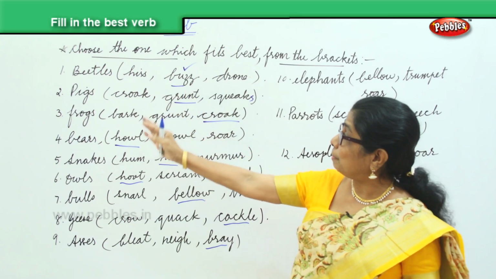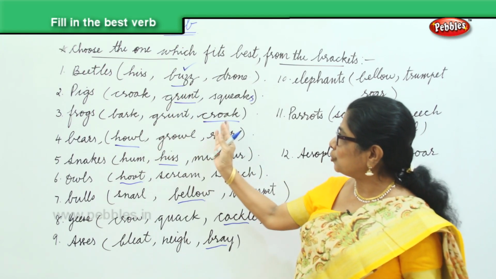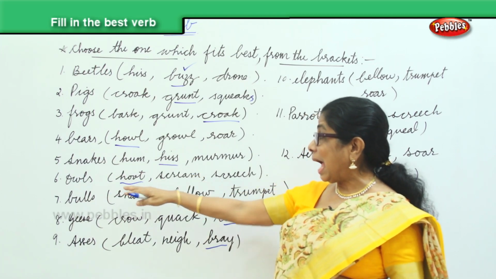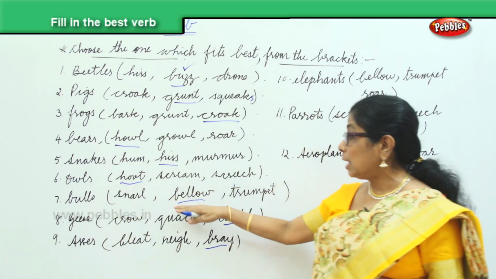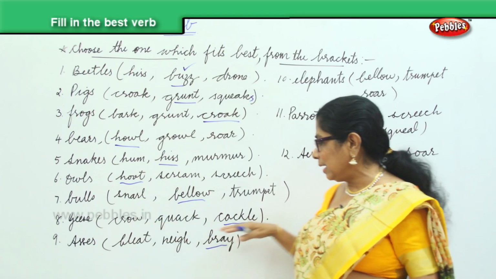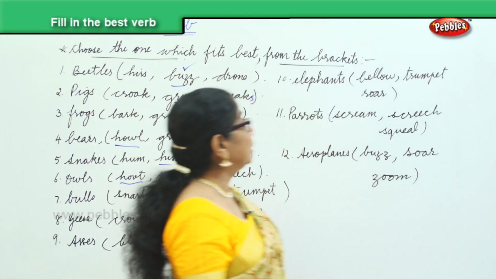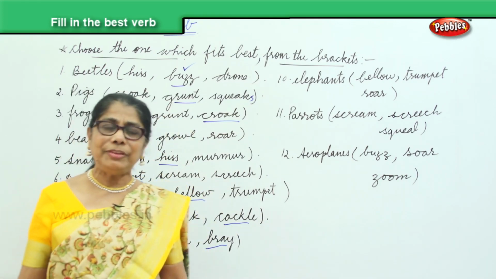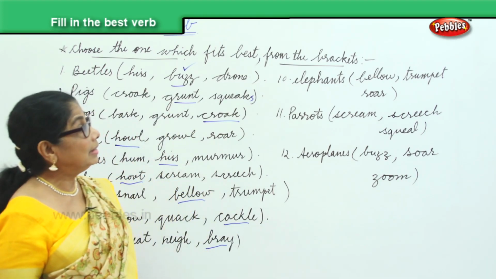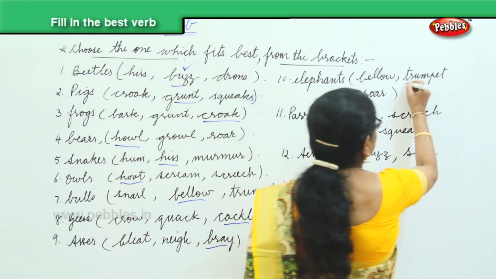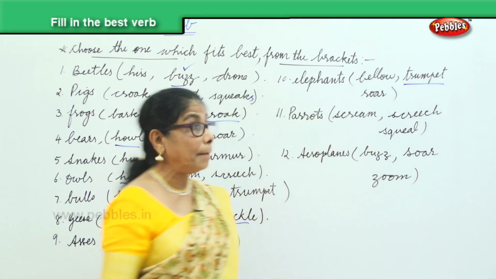Now look at that. Beetles buzz, pigs grunt, frogs croak, bears howl, snake hiss, owls hoot, bulls bellow, geese cackle, asses bray. And we have some more here. Elephant, what do the elephant do normally? Elephant bellow, elephant roar, no. Elephant trumpet.